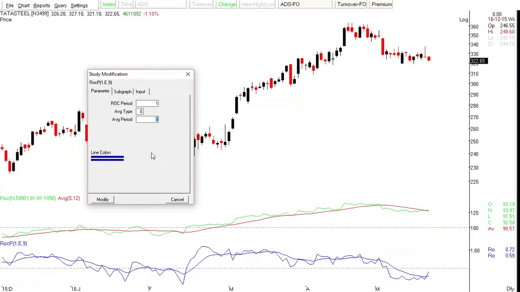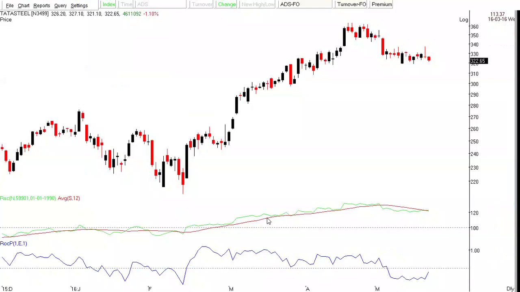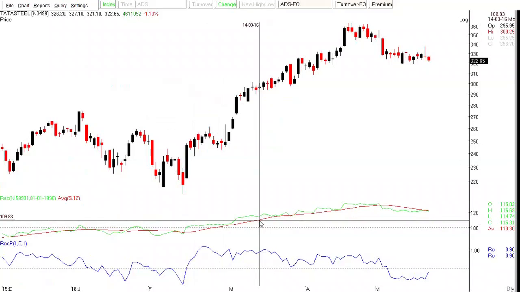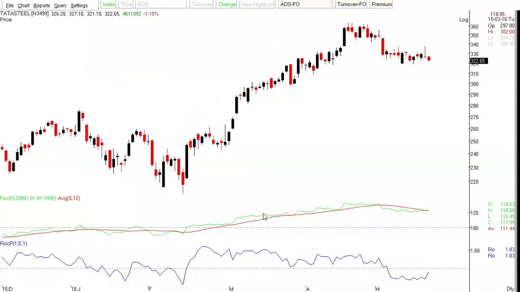The second line is not necessary. I just want only 1 line. Now this is the most important line that is in focus, this blue line, right? The blue line is derived. This blue line, the 1 period rate of change, is derived from the red line, and the red line is a moving average which is derived from the relative strength comparison, the green line.